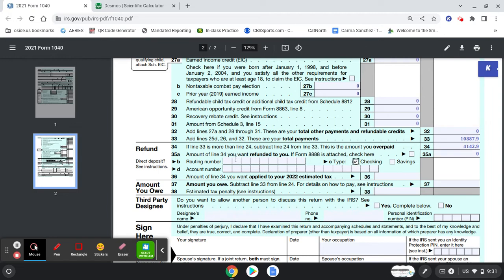I want that to go into my checking account. So here's my routing number, and here's my account number.